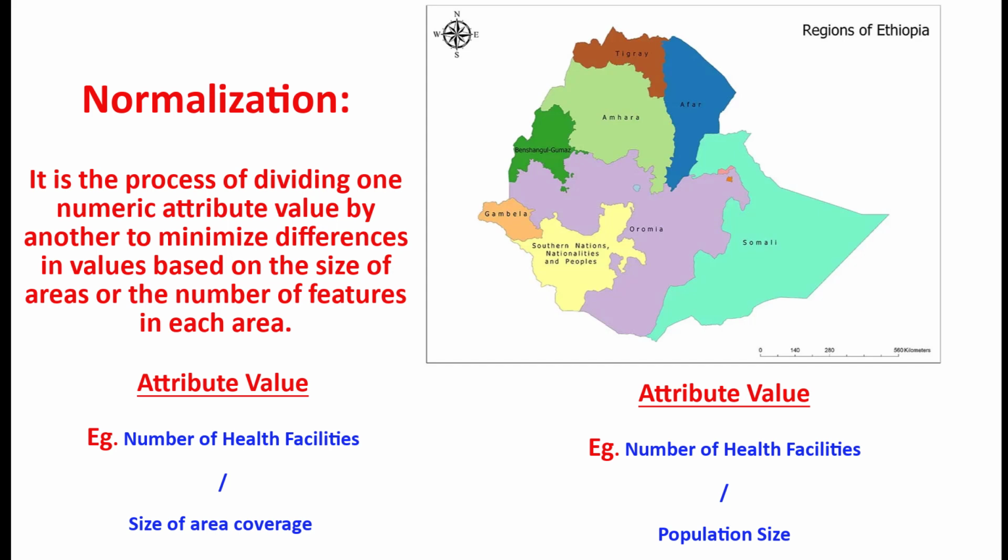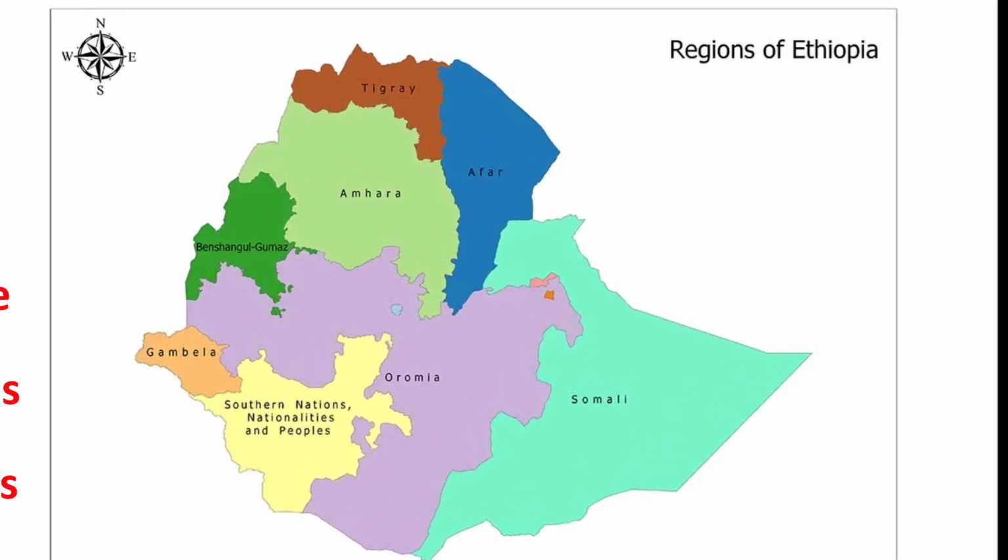In this example, let us say region A and B. You would probably say that SNNP region has more facilities than Gambela region. But this wouldn't tell the whole story. Numbers alone wouldn't be enough, especially if you want to compare things like healthcare services across the two regions, or in fact the whole regions for that matter.